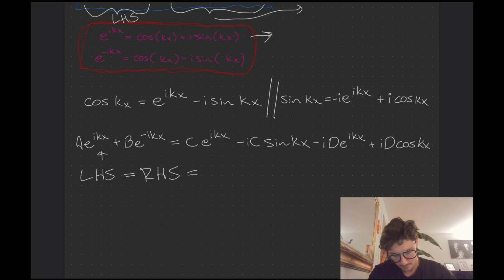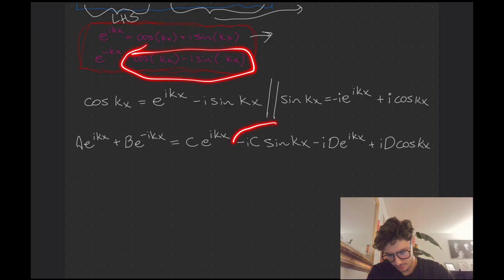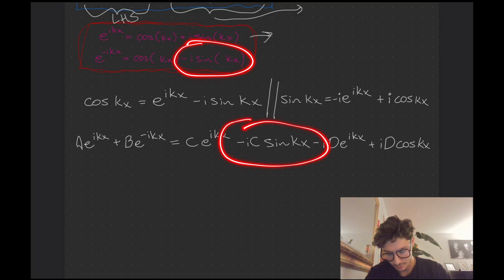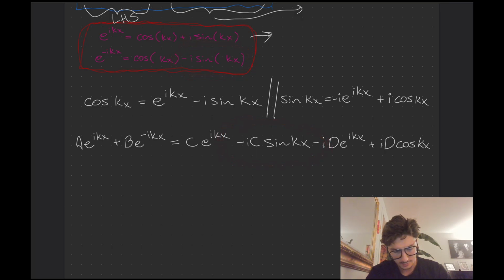Okay, time to use the other equation again. Here's what I'm gonna do. Here's this second equation, okay? I want to get rid of this. Oh, here it is. Okay, watch this. I'm going to isolate for this i sine kx because there's an i sine kx over here that I can plug this into, right? This means this cosine, oh wait, maybe I got excited a little bit too early.